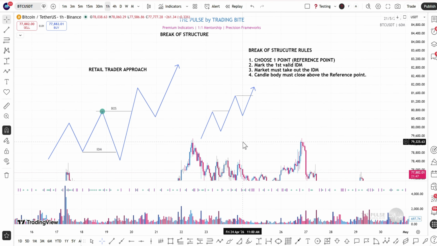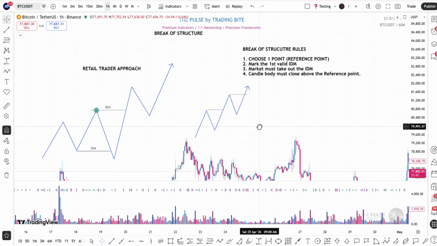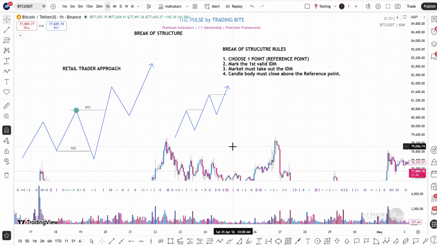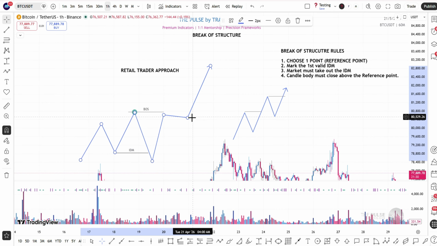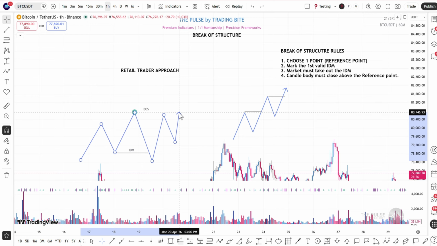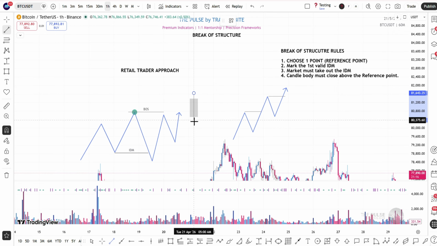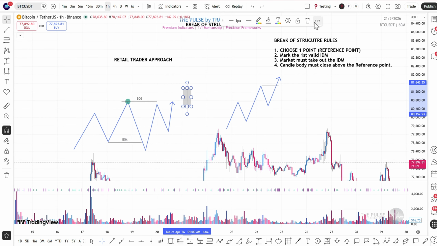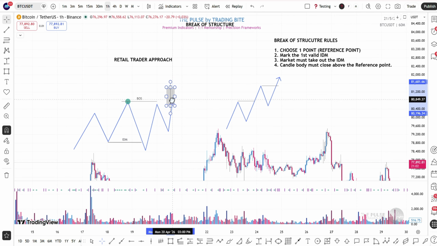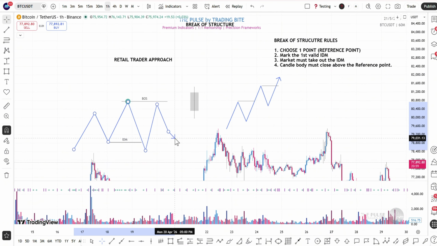I'm going to leave a question for you. If you understood our break of structure rules properly, let's assume this is the setup we are here. This was our reference point.